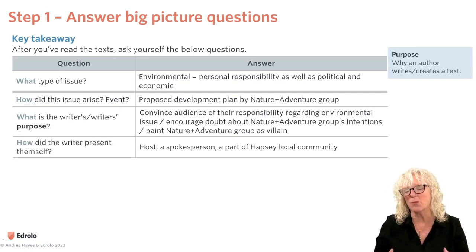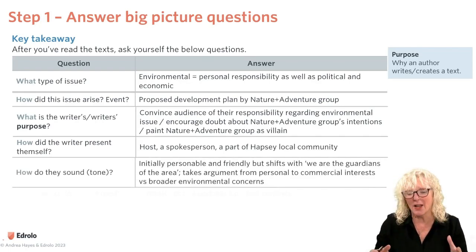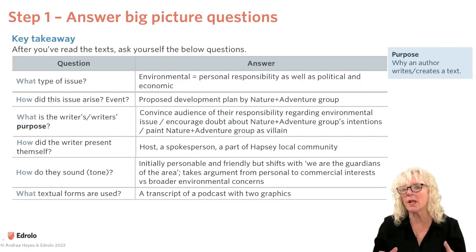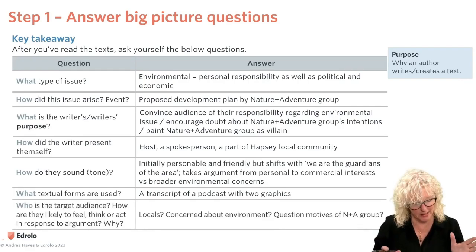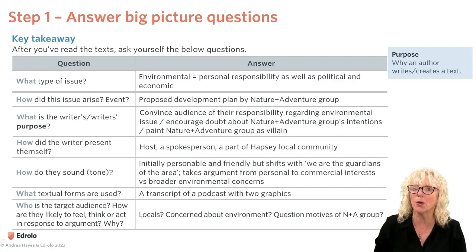Their identity, what is their context? Status. How does the writer sound? What textual forms are used? Now we know that this is a podcast transcript and it has 2 graphics. Who is the likely target audience? And how might they feel or think or act in response to the argument and why? These are all the big picture questions.